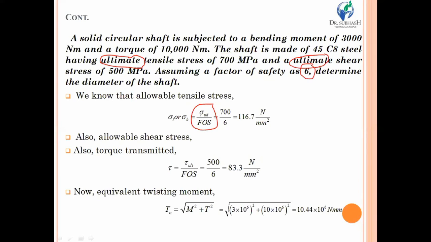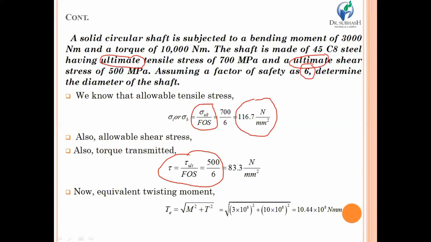Over here, ultimate tensile stress is 700, factor of safety is 6, so the permissible tensile stress becomes 116.7 Newton per mm square. Similarly, you can use the same relation for the permissible shear stress, so the permissible shear stress will become 83.3 Newton per mm square.